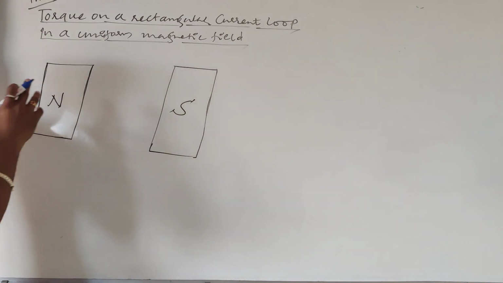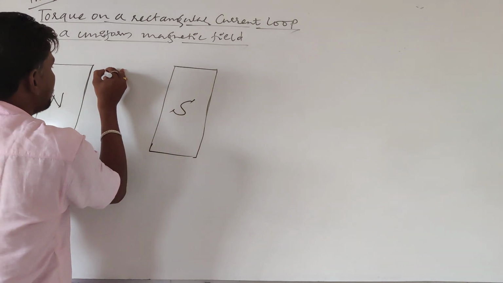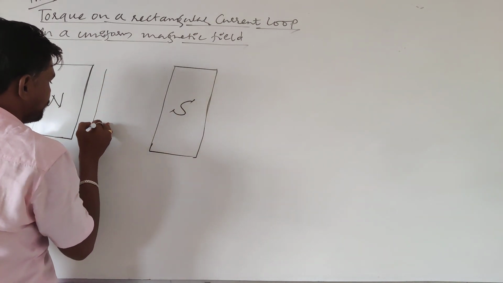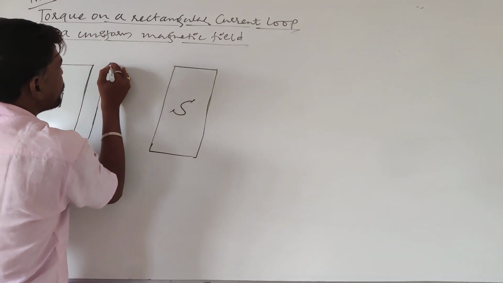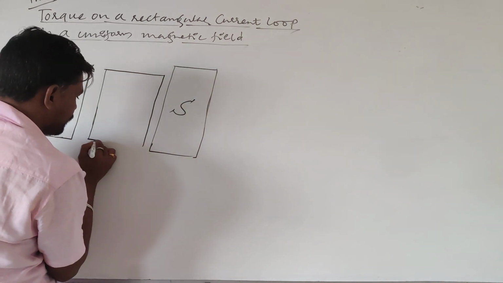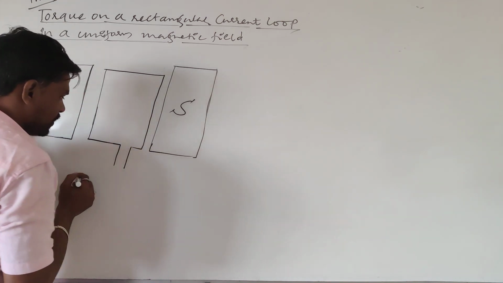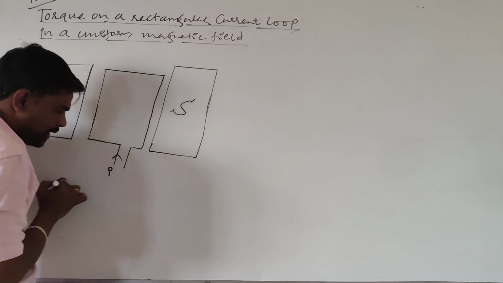Now I am going to consider a rectangular loop here, like this. Alright. So the current is flowing in this direction.